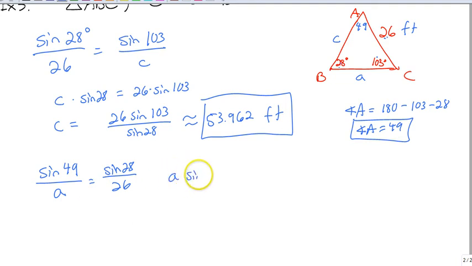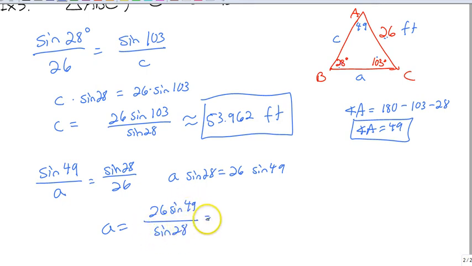So A sine of 28 equals 26 sine of 49. When you divide by sine of 28, you get that 41.797 feet is approximately what side A is.